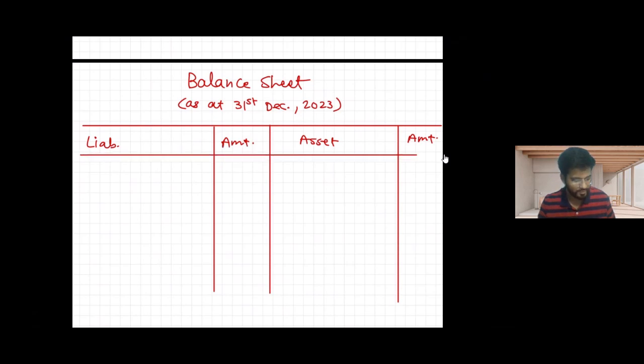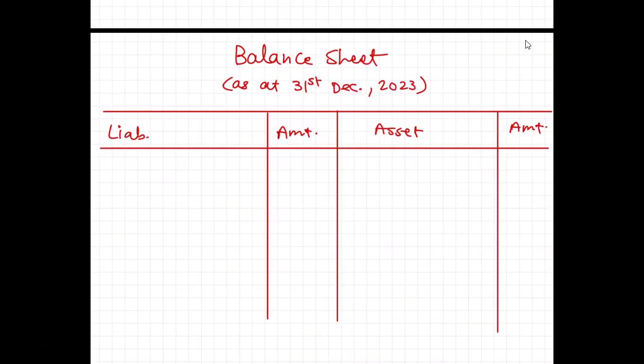These are the two major columns. On the left side as a liability, on the right side as an asset. So this is called a T format balance sheet.